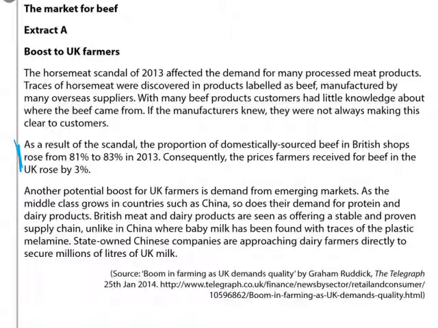Now we've got some application there in terms of the specific amount that the prices rose, by 3%. You've also got to look around this in terms of what the reasons are.